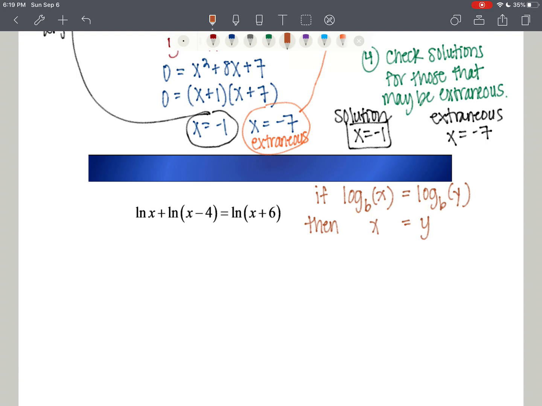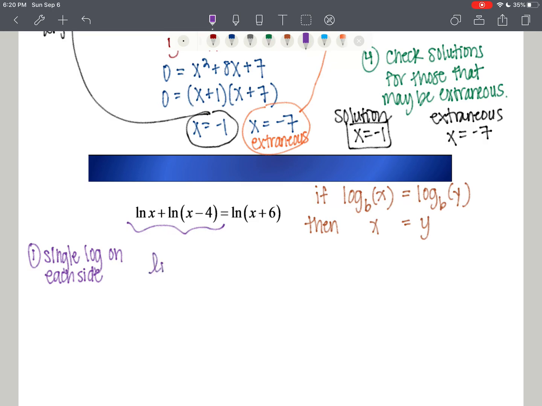Now, please don't confuse that with this left-hand side being fine the way it is, because it is not one single logarithm. We first need to get a single log on each side. So we need to condense that left-hand side.